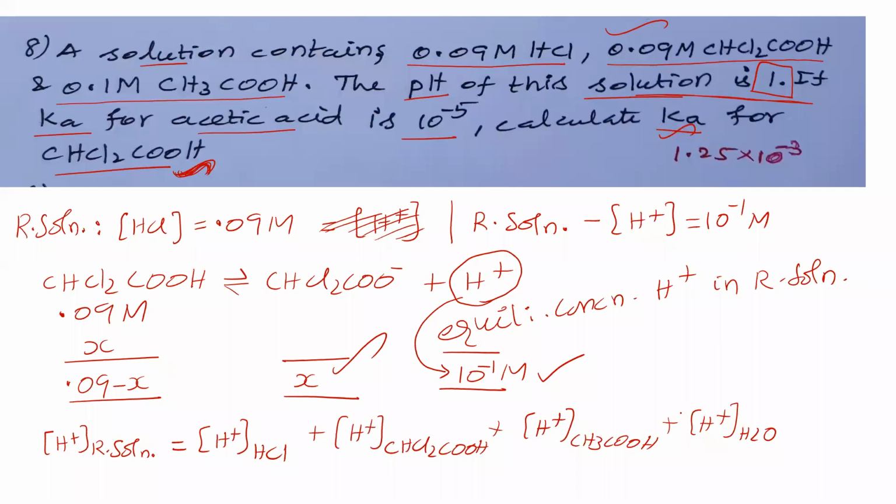Now, what is in the resultant solution? What and all is there? HCl is there or not? You have taken HCl, that will give H plus. Dichloroacetic acid we have taken, that will give H plus. Acetic acid we have taken, that will give H plus, isn't it? So everything is contributing H plus, so we have to consider all these things.